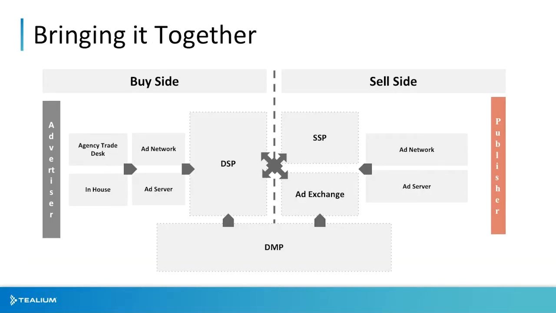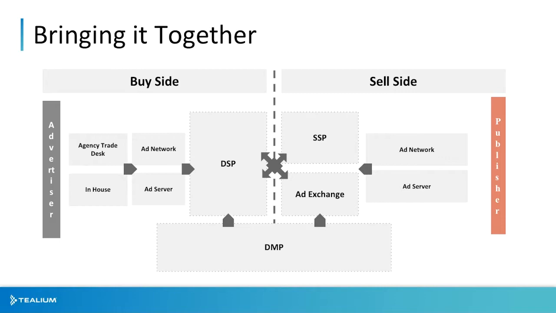So bringing it all together, the buy side and the sell side, they all meet in the middle, and the DMP fuels that data that allows them to make that exchange. The agency trading desk, in-house or otherwise, will use ad networks, and the ad networks will connect to DSPs that talk to SSPs.